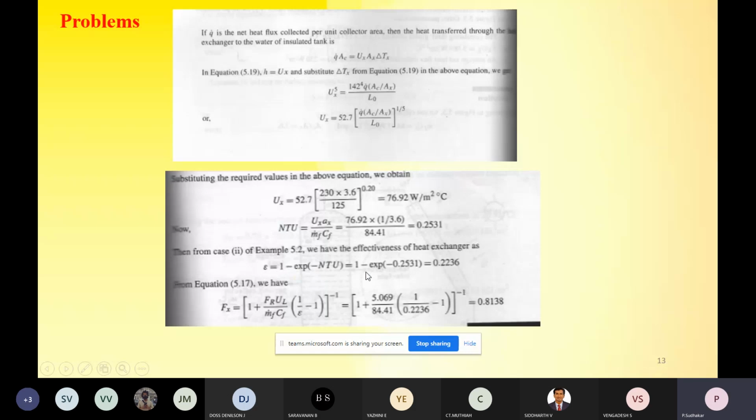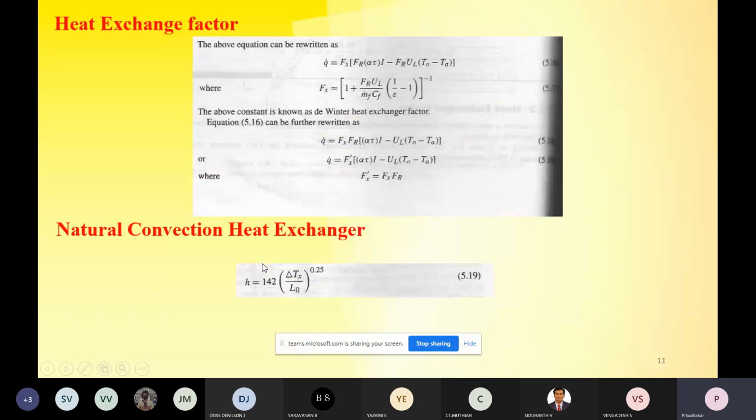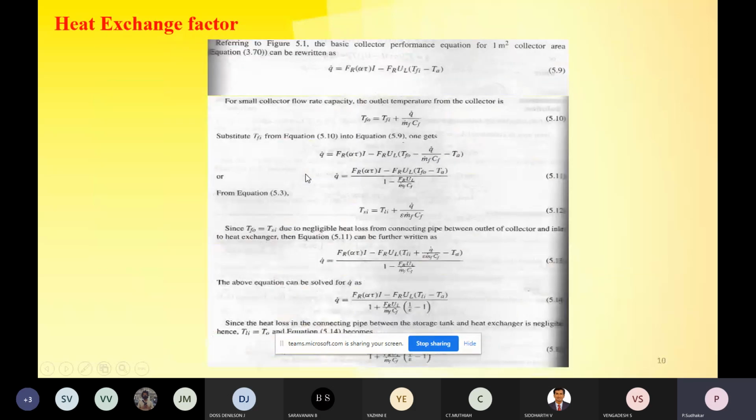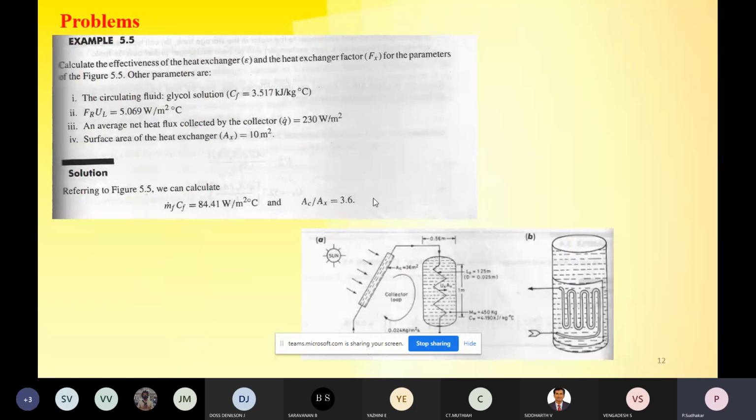So how has this equation come? See, the equation is from the second case we have taken. Okay, when one fluid, that is the collector fluid, flow is higher than the water, that is, for this case the collector fluid is flowing and the storage tank fluid is stationary.